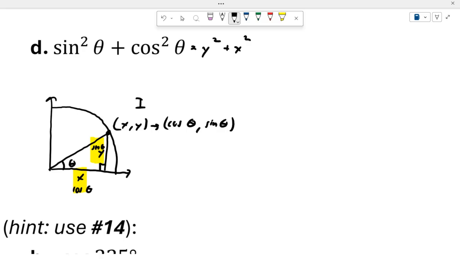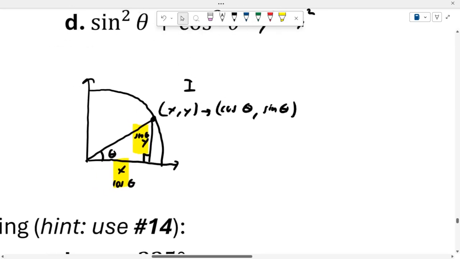Well, think about what we're doing here. If you take a look at this triangle, and you take x squared plus y squared, guess what? That's going to be your hypotenuse squared. And on the unit circle, by definition, the reason why it's called the unit circle is that the radius is 1 unit.